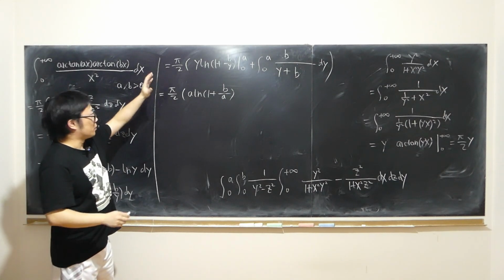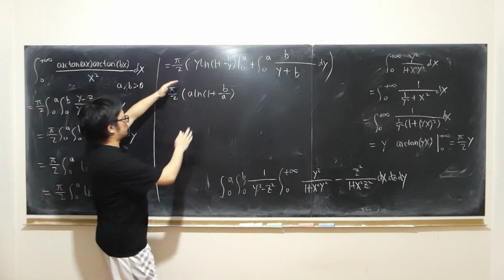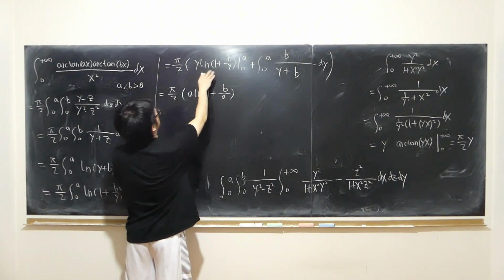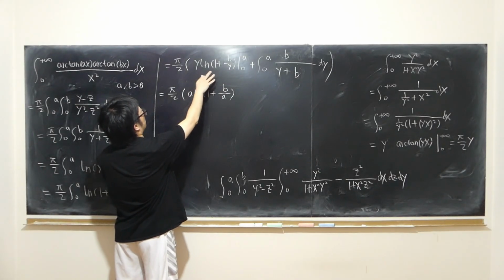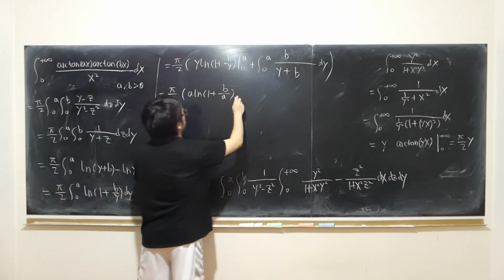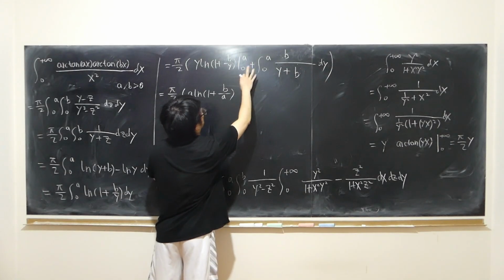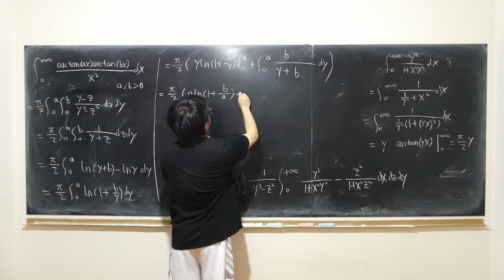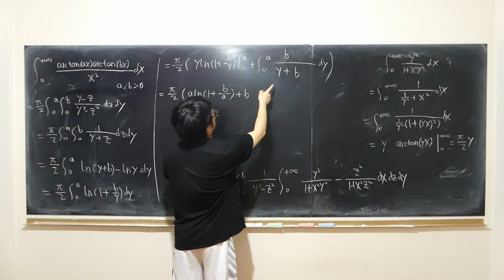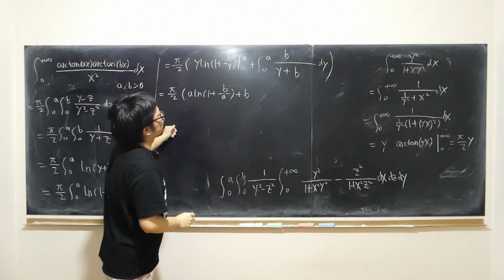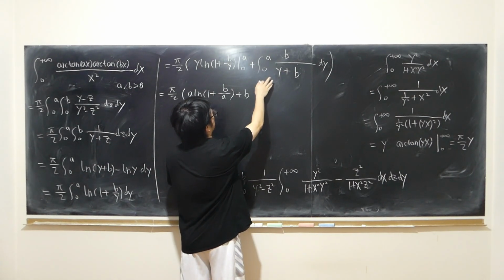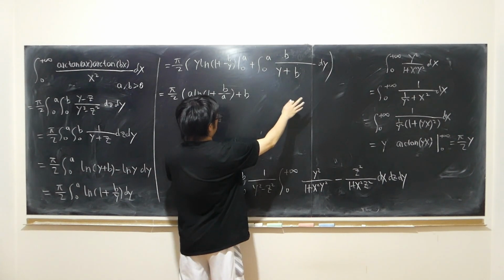You can use maybe L'Hopital's rule to show that this undetermined form still approaches 0. So minus 0. And so for this one, simply just b times log of y plus b. Then y becomes a, y becomes 0. Take their difference.